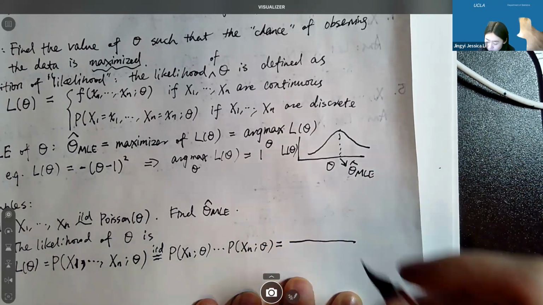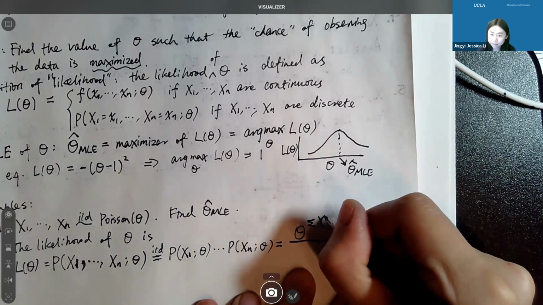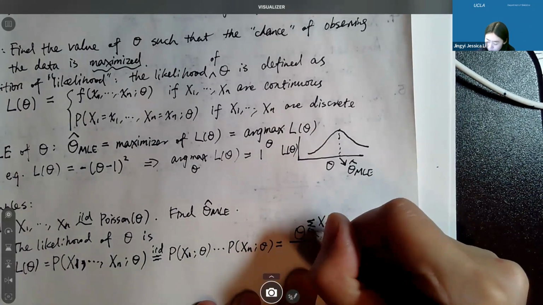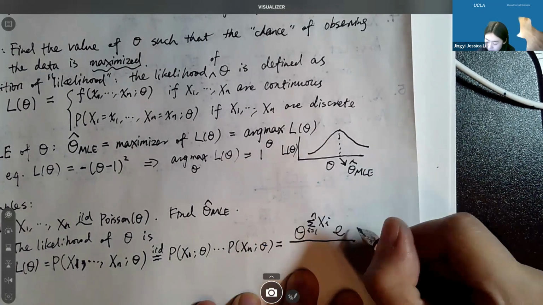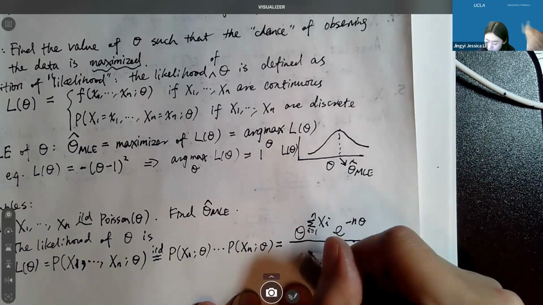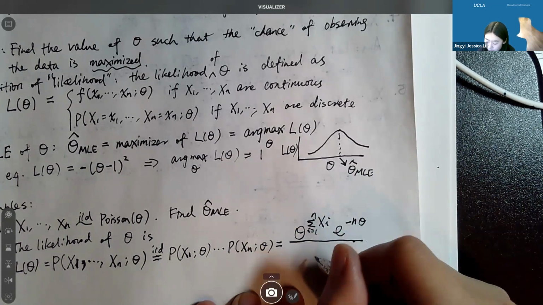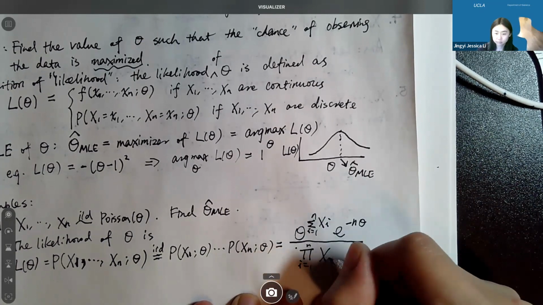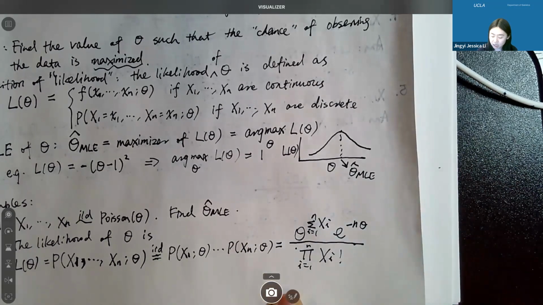So this becomes theta raised to the power of the sum of Xi, i from 1 to n, times exponential of negative n times theta, divided by the product, i from 1 to n, of Xi factorial. Okay, so that's the likelihood.